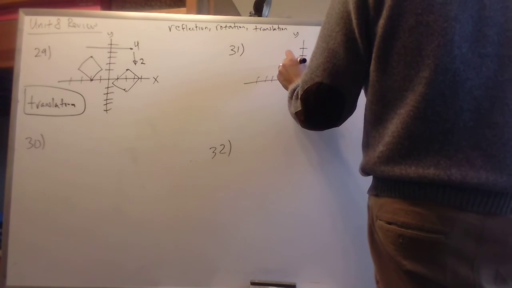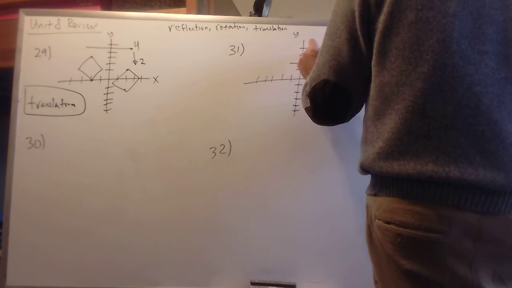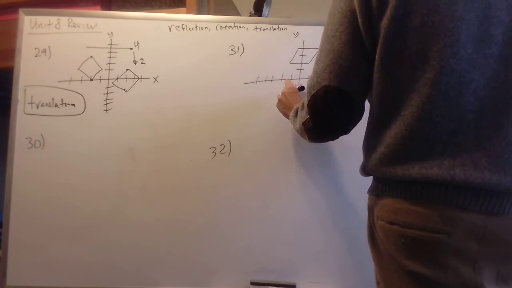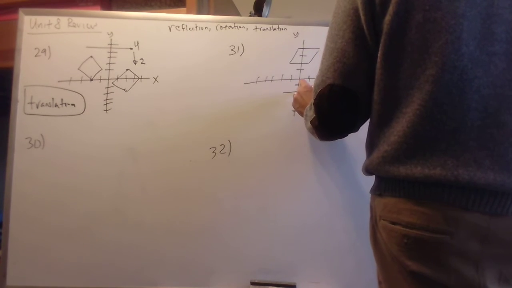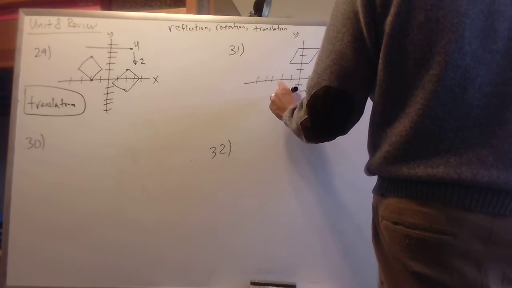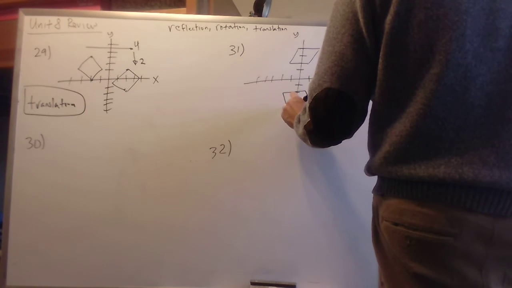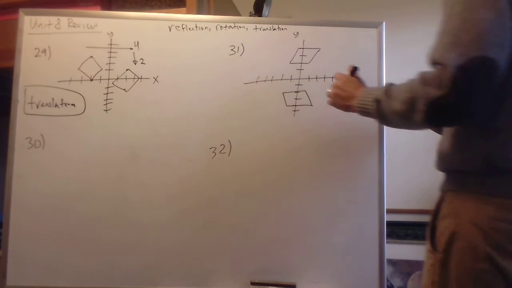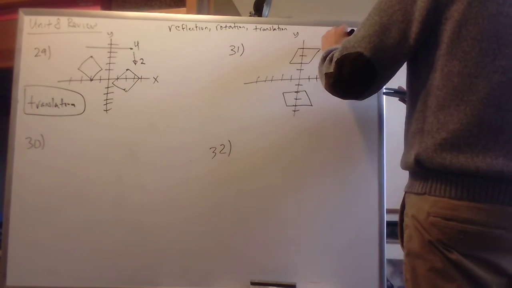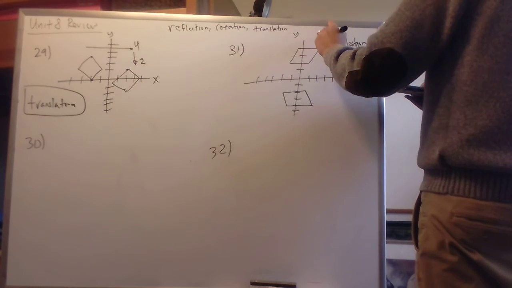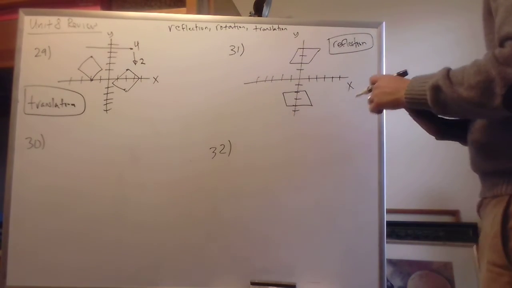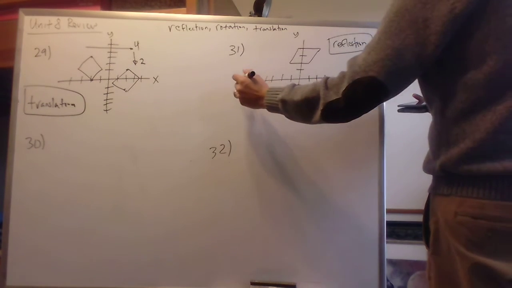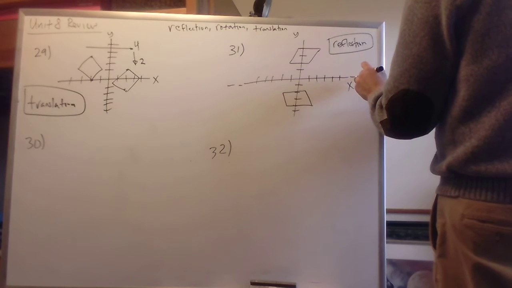And it looks like it does something like this, like that, and then also like this. And if you look, this is clearly a reflection. So number 30 is a reflection because it's a mirror image. It's reflecting over the x-axis.